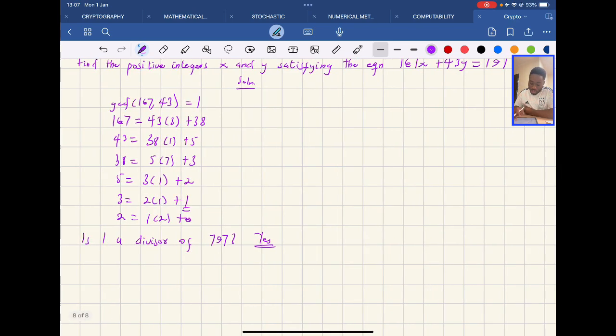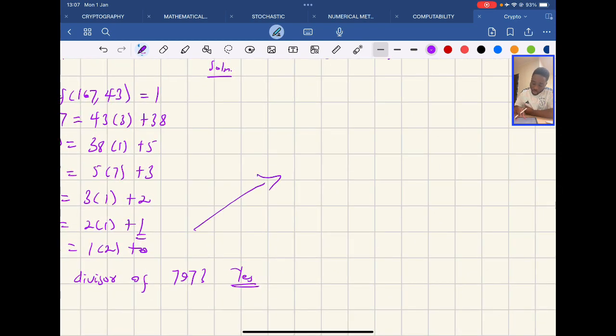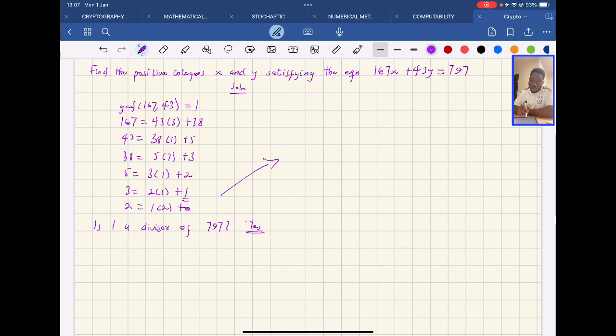Now to find that, we have to solve this equation backwards. We have to make 1 the subject, in this case the last but one equation. So we are going to get 1 is equal to 3 times 1 minus 2 times 1. Now let's go to the second one, where we make the remainder over here the subject.